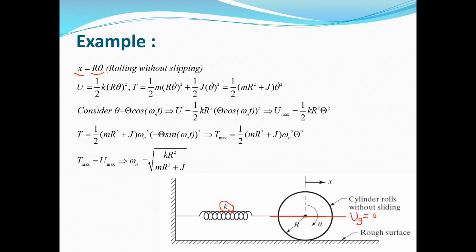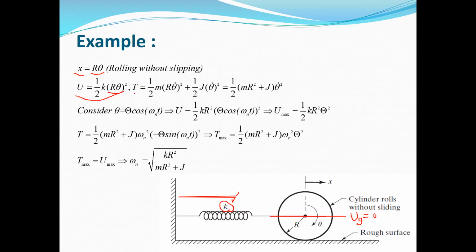So during the motion, UG is equal to 0, and we will only have the potential energy stored in the spring, which is equal to half times k times x squared, where x is equal to r theta. So this is the potential energy during our vibrating motion, half k r squared theta squared.